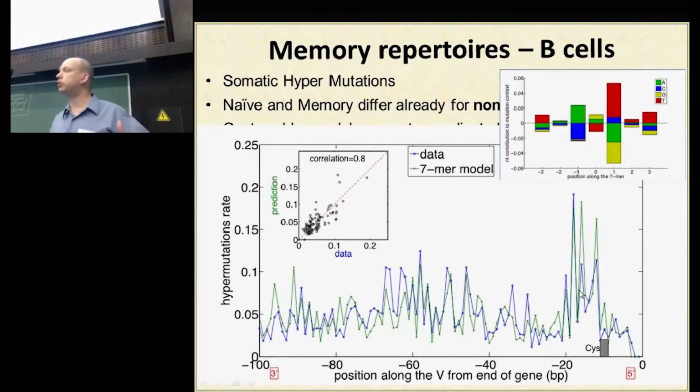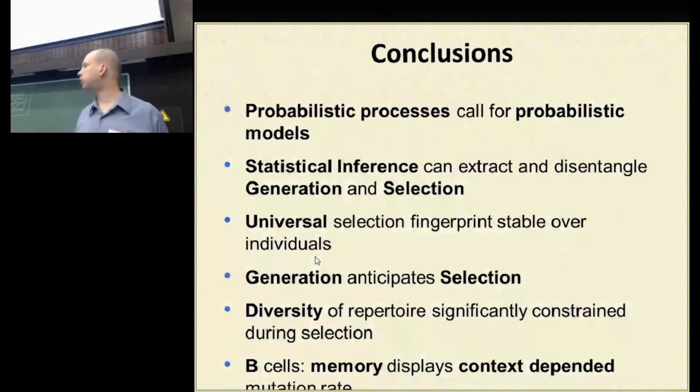We also checked it on held-out data to see we are not overfitting, and this is a correlation between those points. So it's quite nice that you can fit this kind of model and get the baseline hypermutation context. Then you can build the selection on it later. But as I'm running out of time, I'll just conclude.